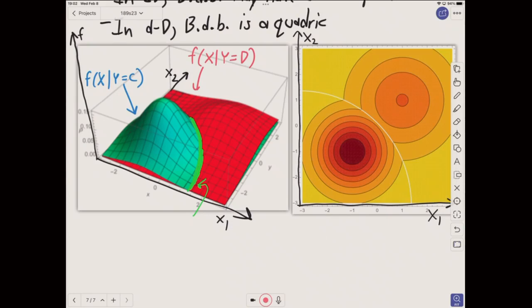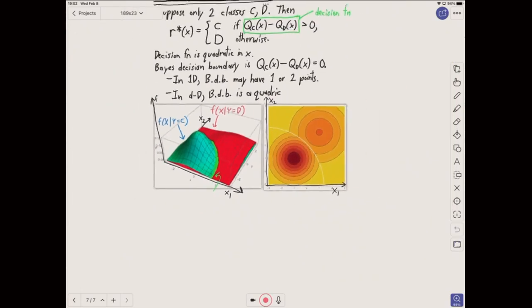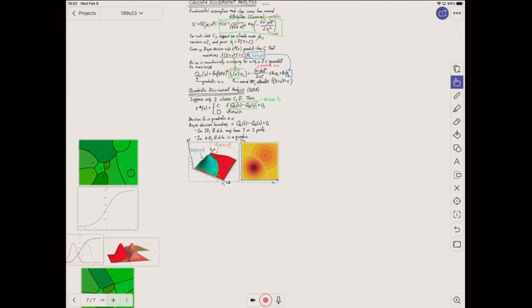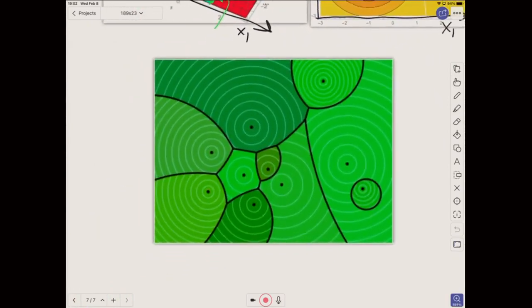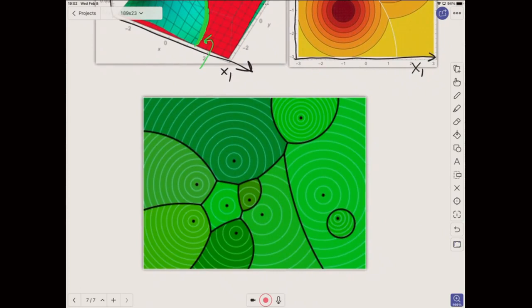Now, this is two classes, but as I said, QDA works very naturally with more than two classes, as many as you want, really. So here's what the figure might look like if you do QDA with a bunch of classes and look at their decision boundaries. So the black points here are the center of each distribution, of each Gaussian.